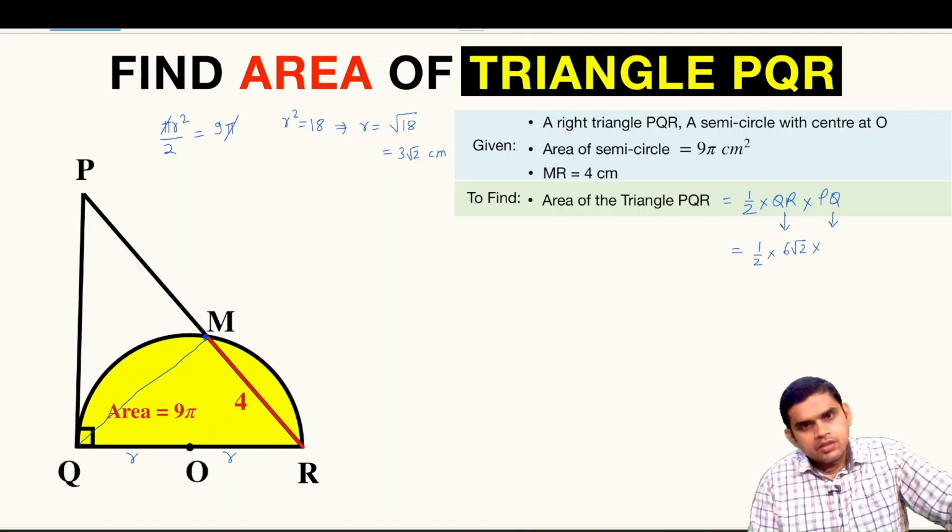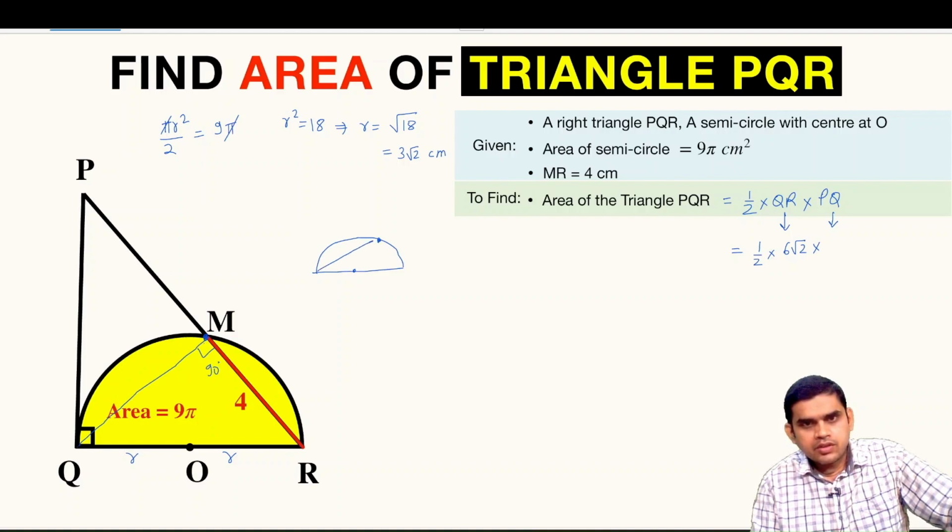So QMR, if you see this angle, this is 90 degrees. Why? Because this is the angle on a semicircle. We have learned this property that this is the diameter, this is the semicircle, then on any point on the circumference of the semicircle, let us choose this point.